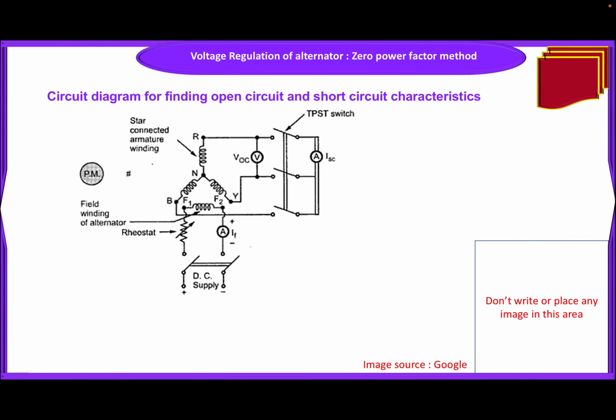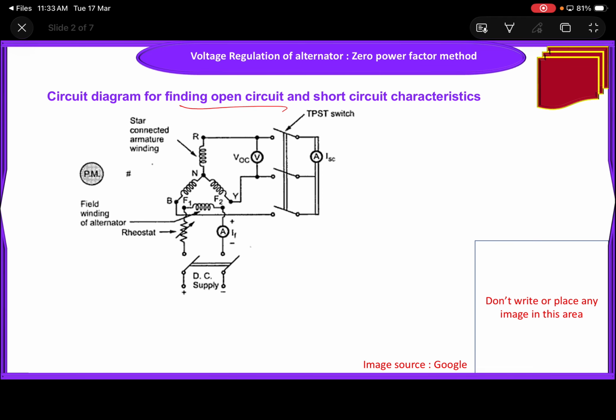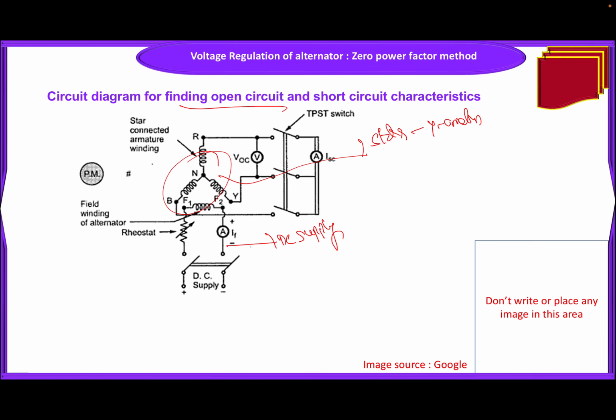It's a quick recall: how to find the open circuit characteristics as well as short circuit characteristics. This is the stator, which is connected in star connection, and this is the DC supply, which excites the field winding.